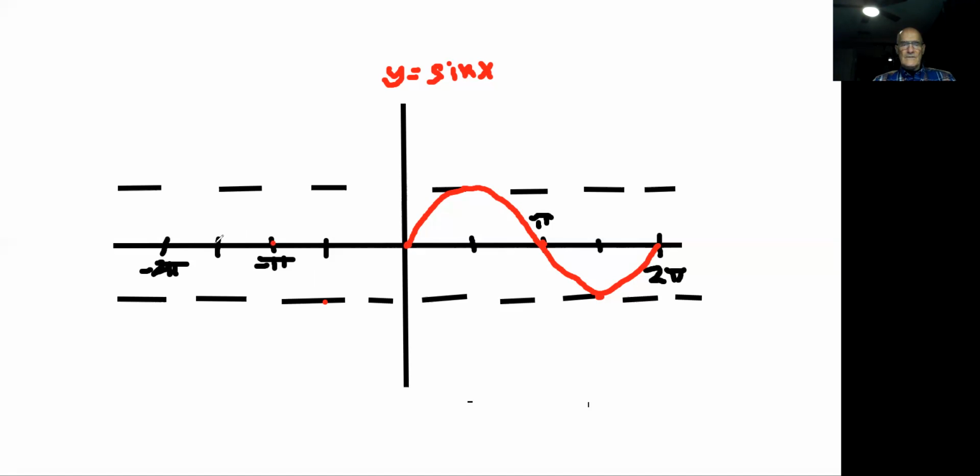And then at minus 3 pi over 2, which is the same as pi over 2, it's positive. Then we go back to minus 2 pi, which is here. So this part of the curve is the same as the other part, except it mirrors it.